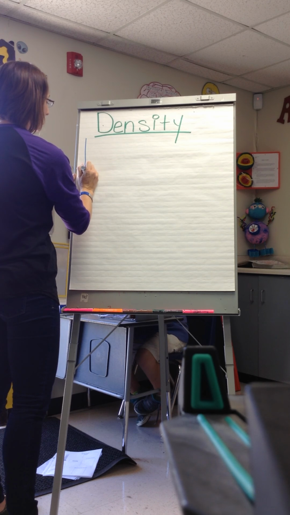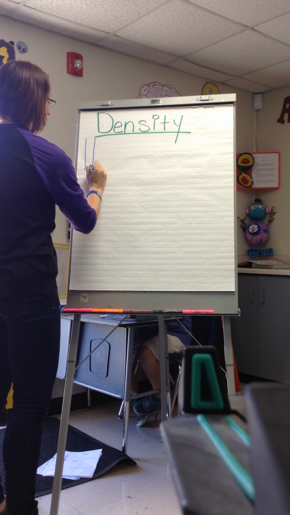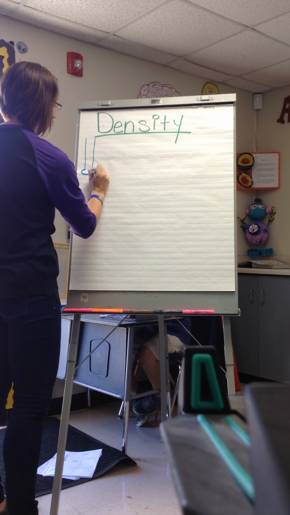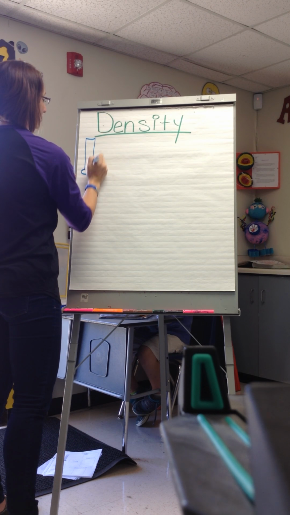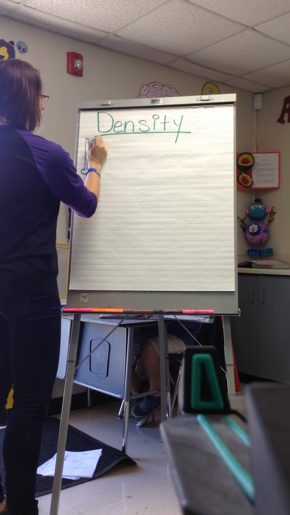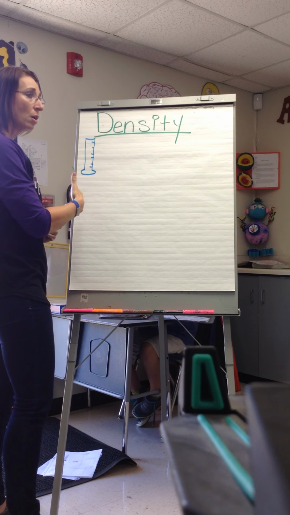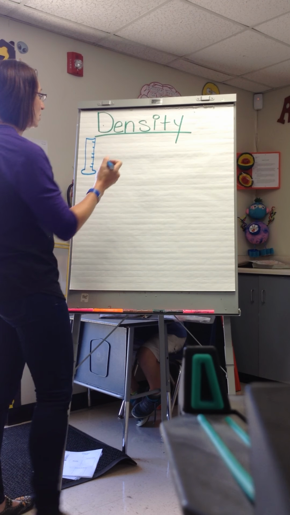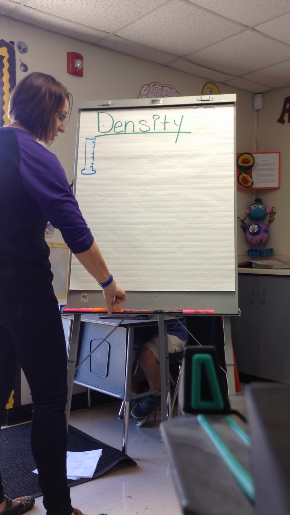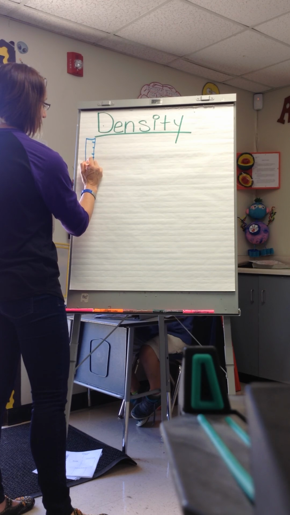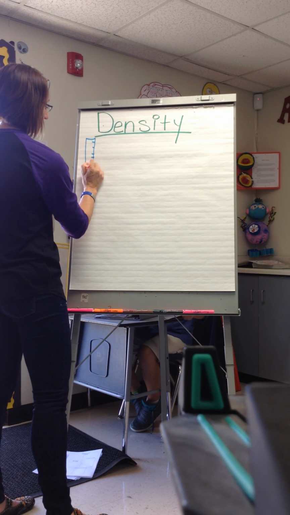You're going to your stations and you are looking at some graduated cylinders. When you're looking at them, you're reading what's called the before and the after. So the before could be, go ahead and color in orange at the bottom.